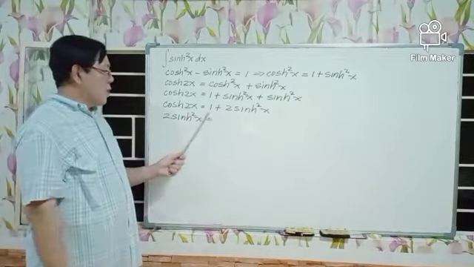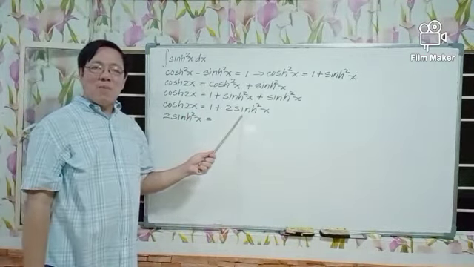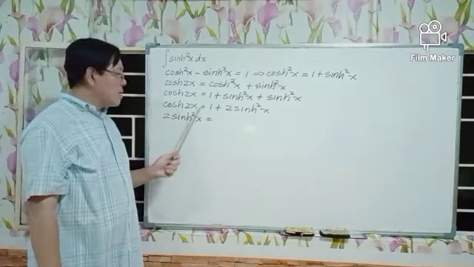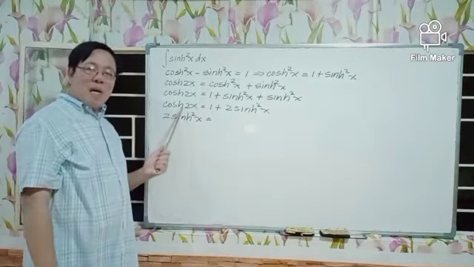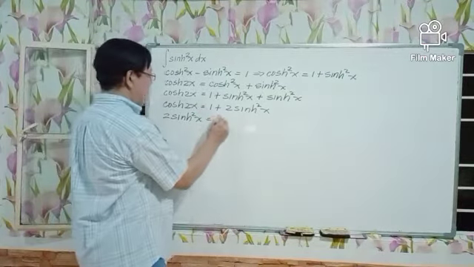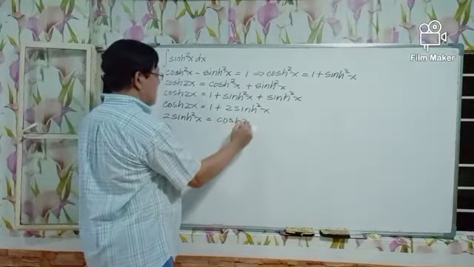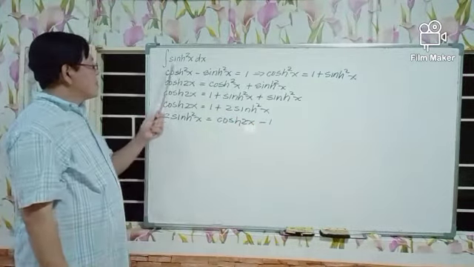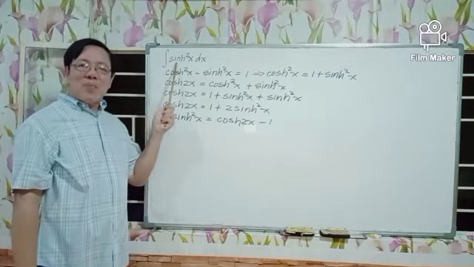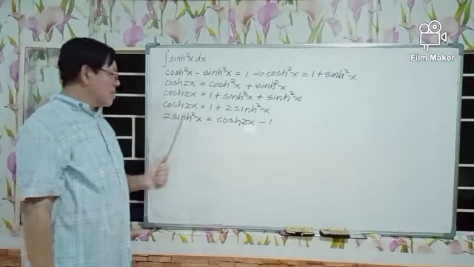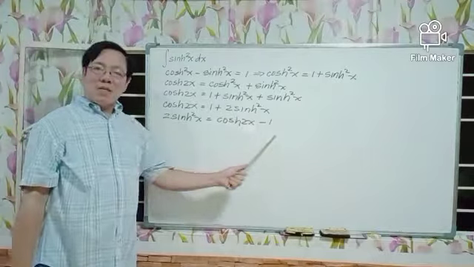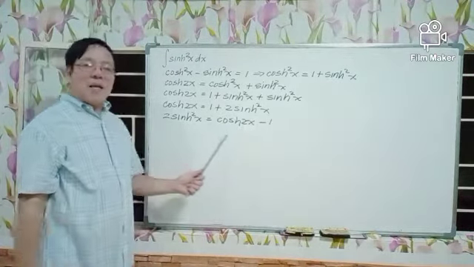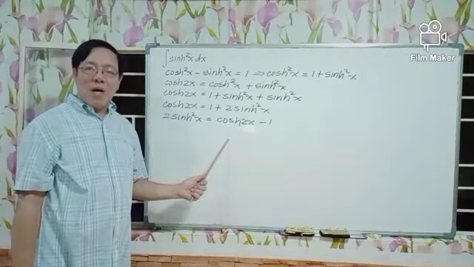And we transpose 1, this 2 times the square of hyperbolic sine of x is equal to hyperbolic cosine of 2x, transpose 1 to the left, minus 1. And to get the value of the square of hyperbolic sine of x, we divide both sides of this equation by 2. Or we multiply the left hand side and the right hand side by 1/2.